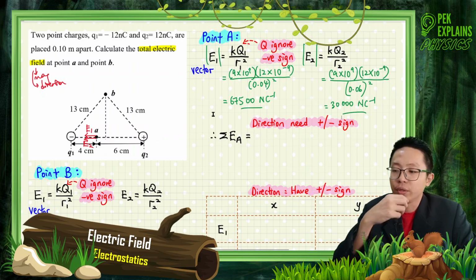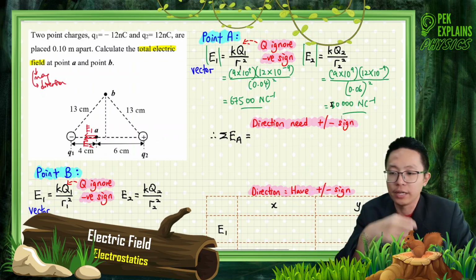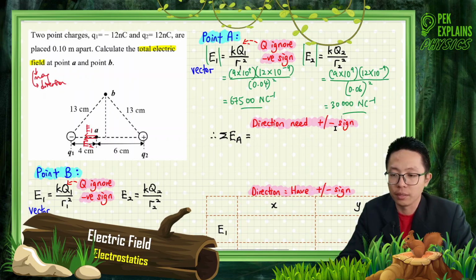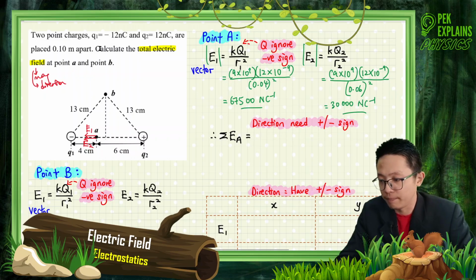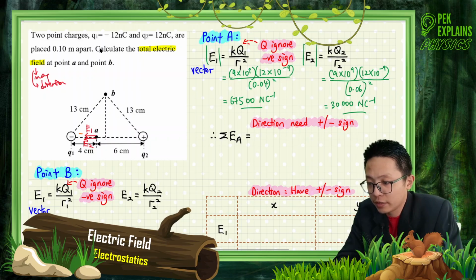Now, we know that both of these electric fields are to the left. So for the direction, you need to put a negative sign because both of these are to the left. So that means the direction is negative for both.